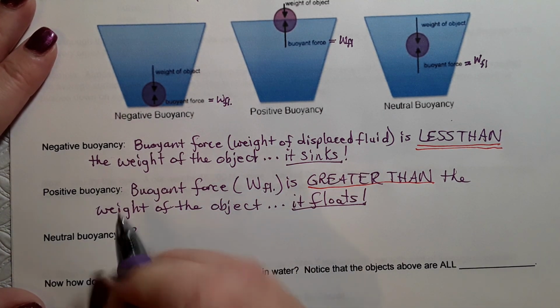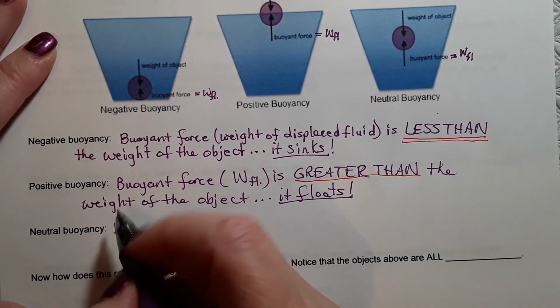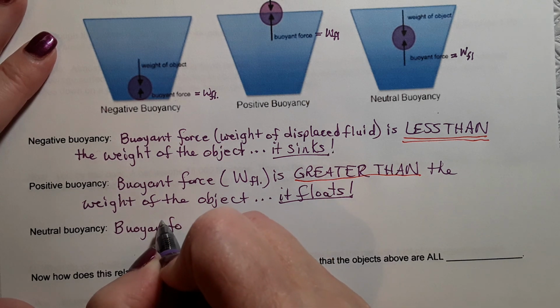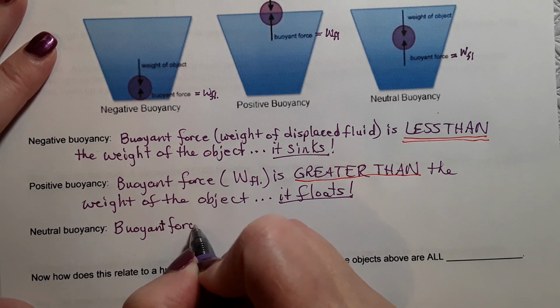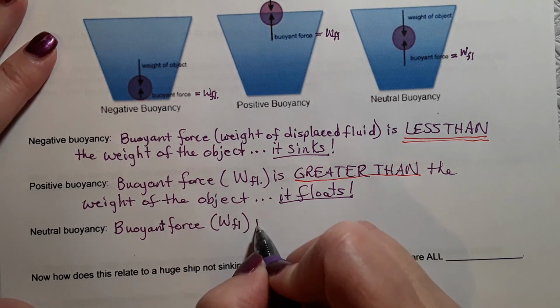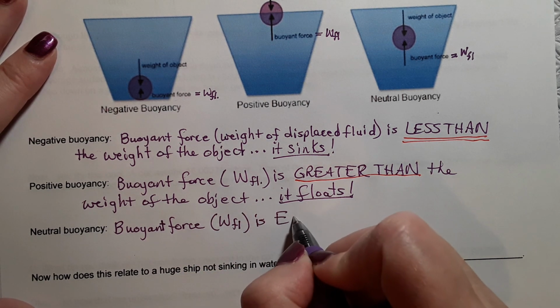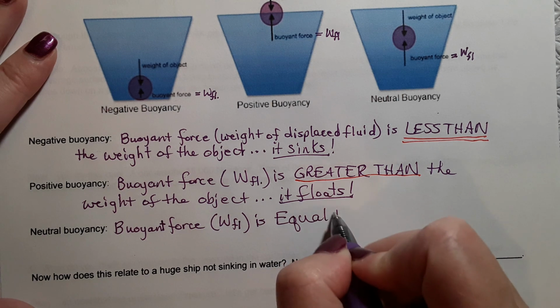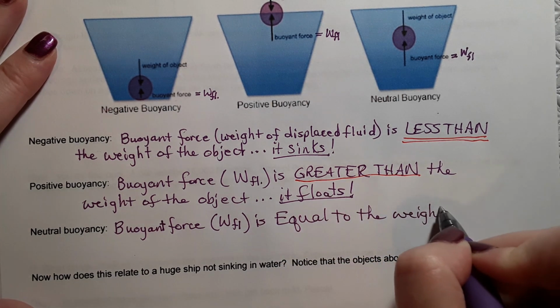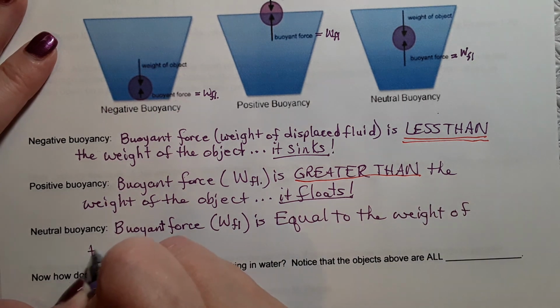So here we're going to write the buoyant force, oops, forgot the T. The buoyant force or weight of displaced fluid is equal to the weight of the object.